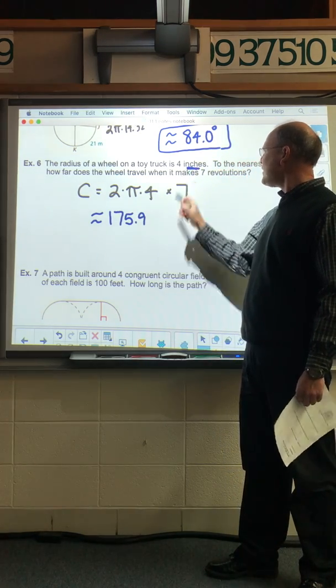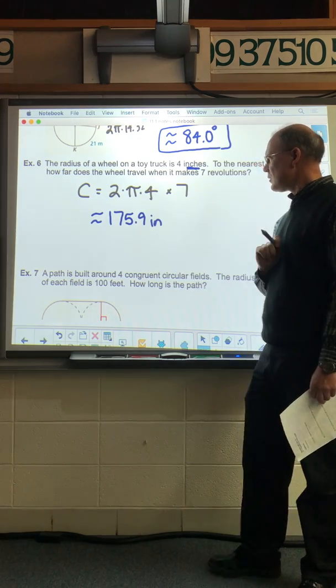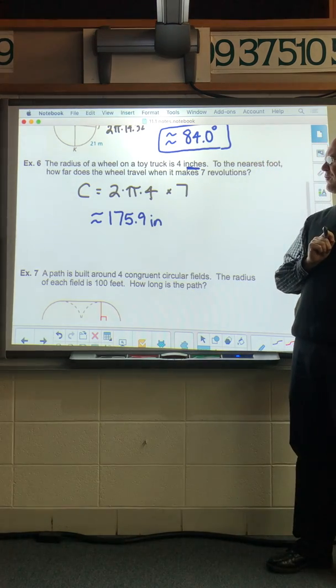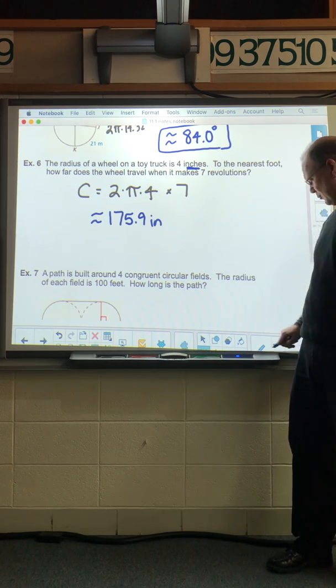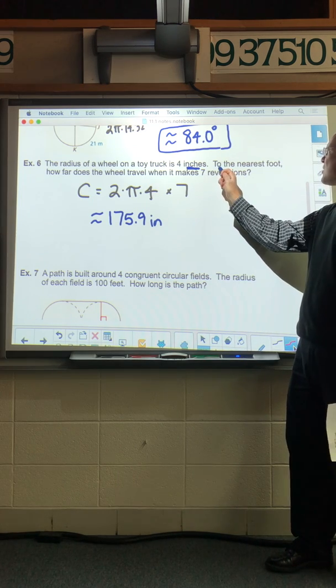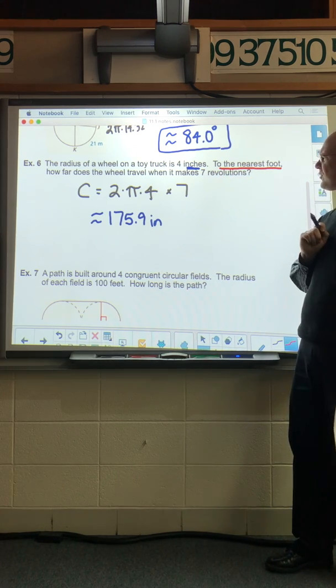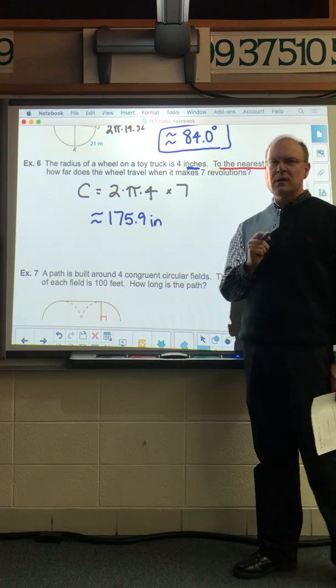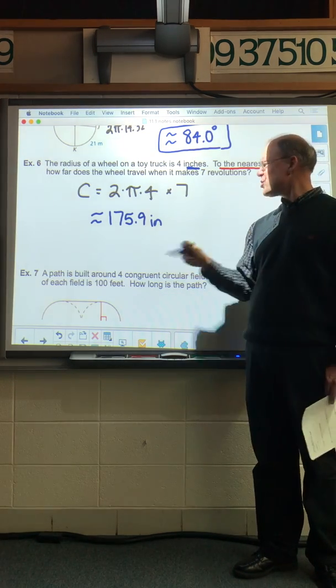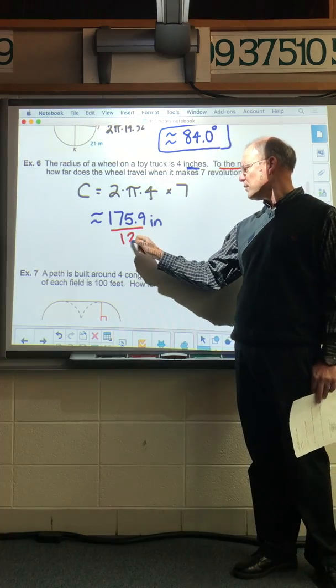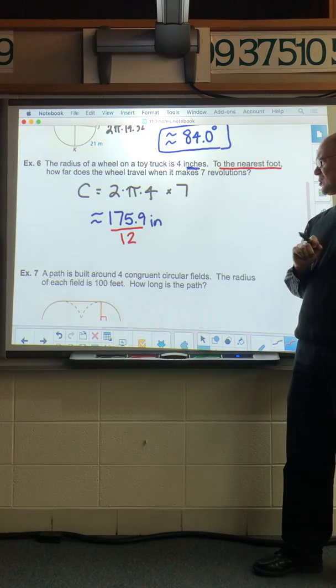And the radius was in inches. So I just found the distance that the wheel's traveling in inches. The problem asks us, how many feet does it travel? There's a foot. So we need to know that there are 12 inches in a foot. So divide my answer by 12.